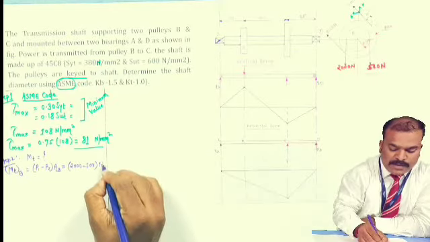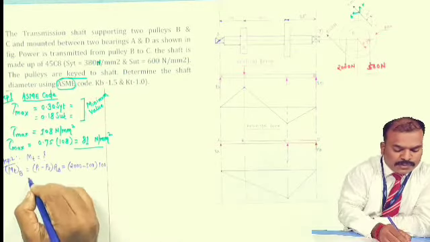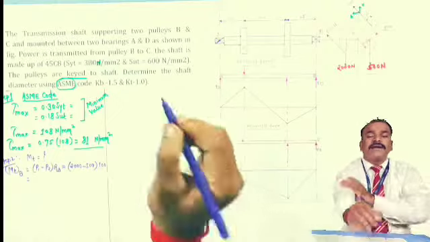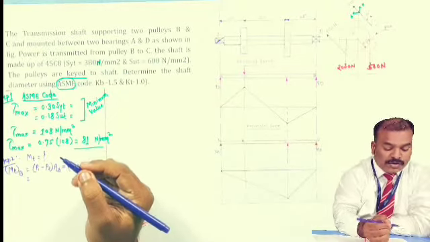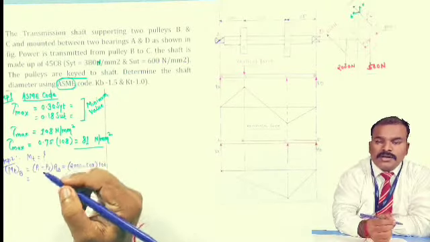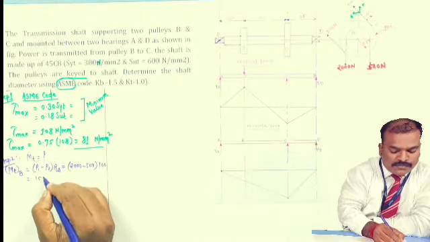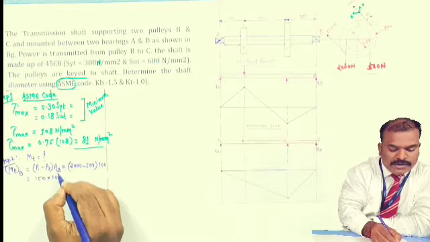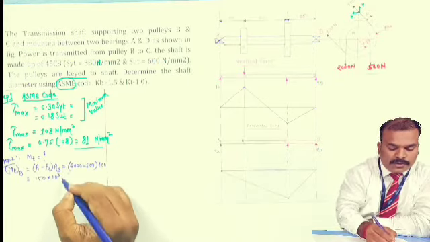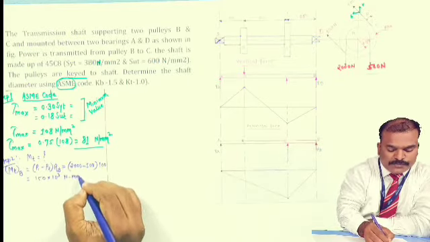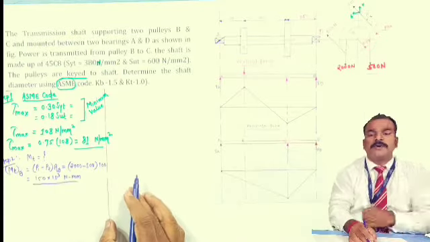So I'll multiply by 100 mm, through which I'll get the torsional moment occurring in pulley B, the smaller pulley. It will be 150 into 10 raised to 3 Newton mm. This will be the first part.